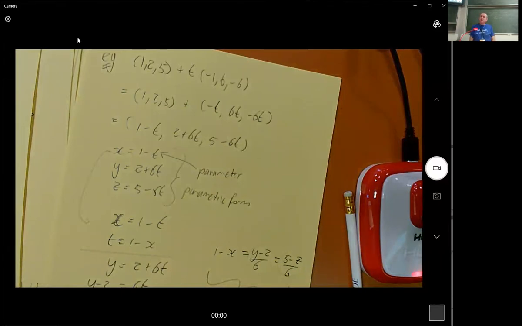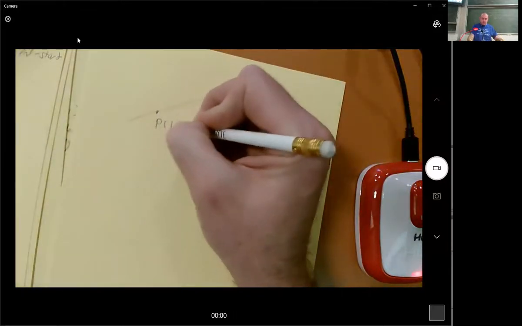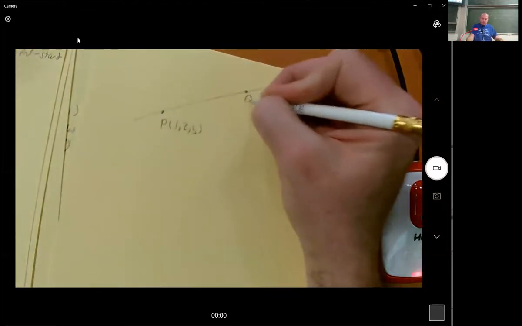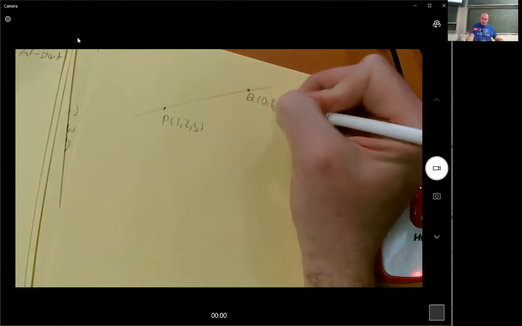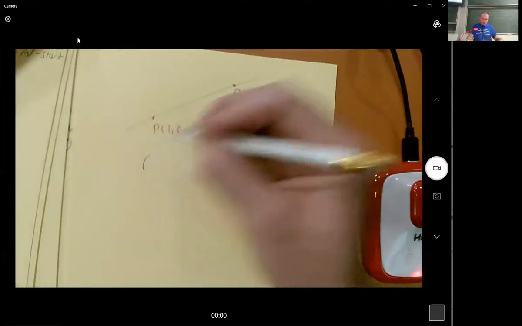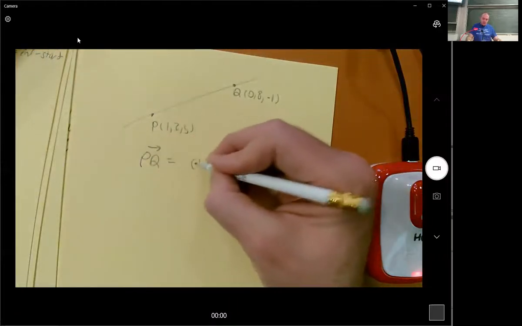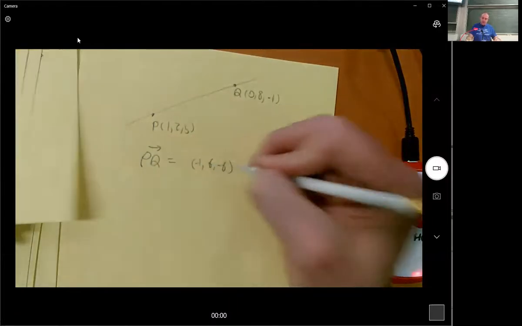I don't know if you've seen this in your course, but back here when I did this, when I do the journey from P to Q, the journey from P to Q is this.